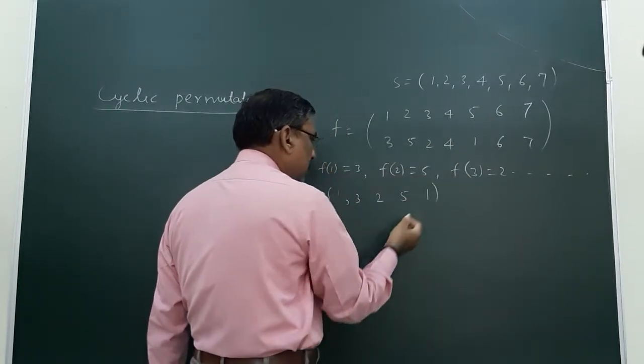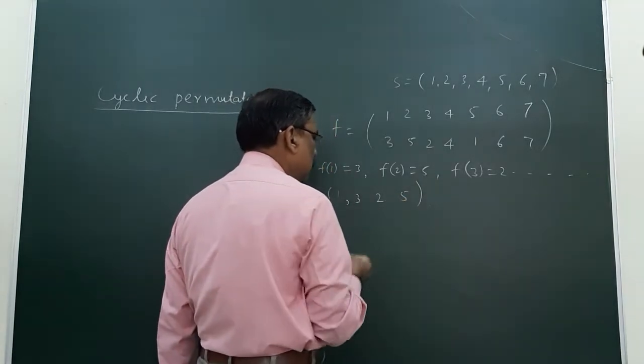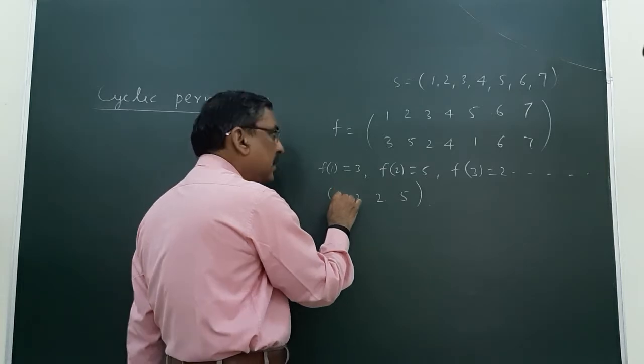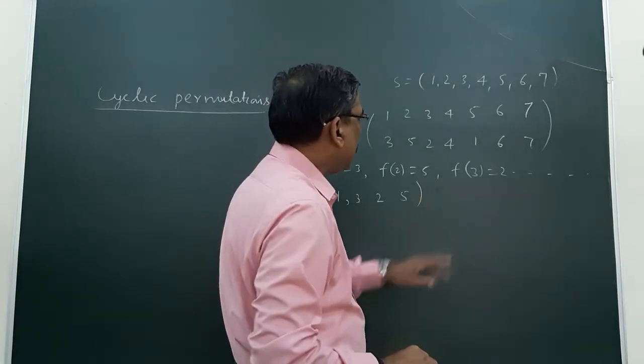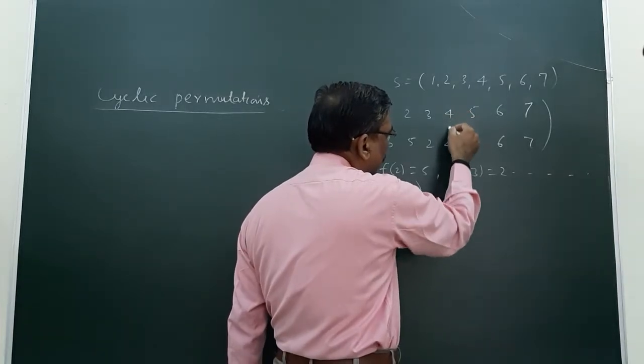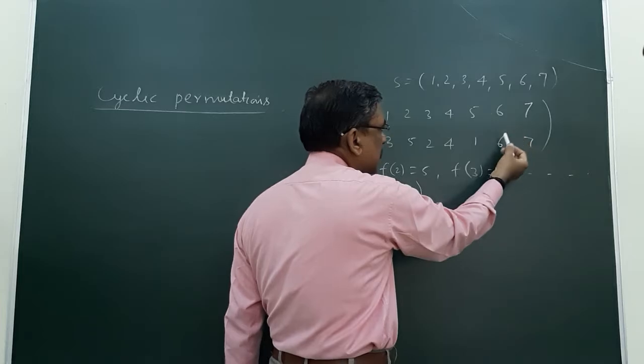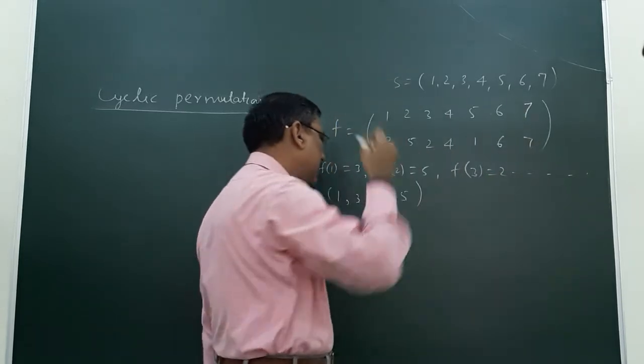The other elements have their own images: the image of 4 is 4 under the map, the image of 6 is 6 and the image of 7 is 7.